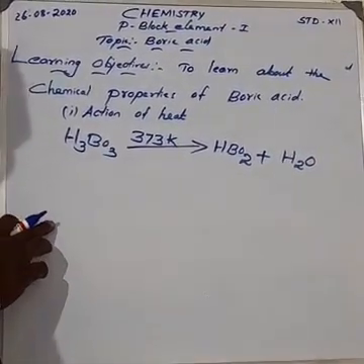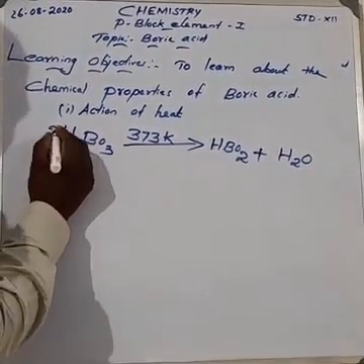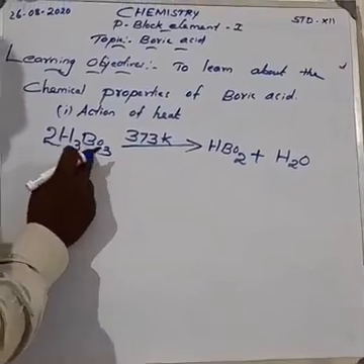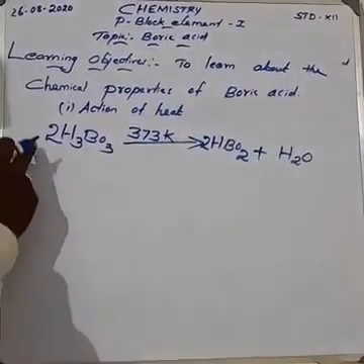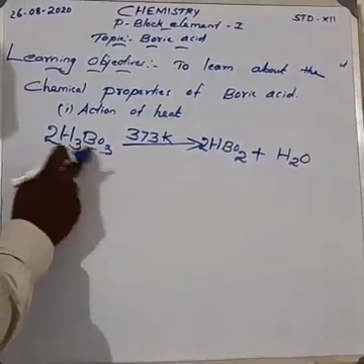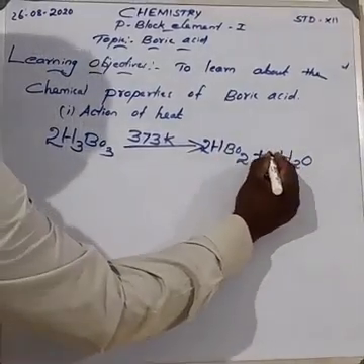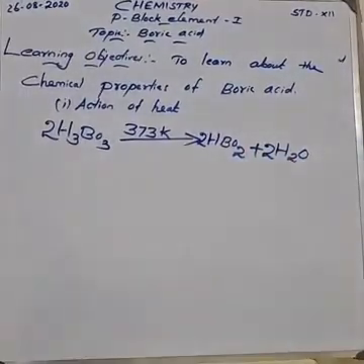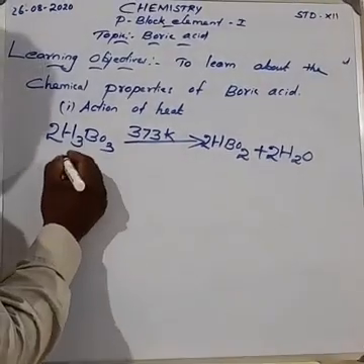How can you balance the equation? You can start with number 2 here. Here having 2 boron, so you make it as a 2. Here having 6 oxygen, 2 to 2, 4 plus 2. Now the equation is balanced. In our textbook we have 4 molecules, that is the correct one.